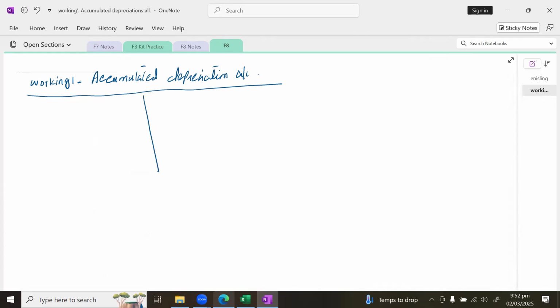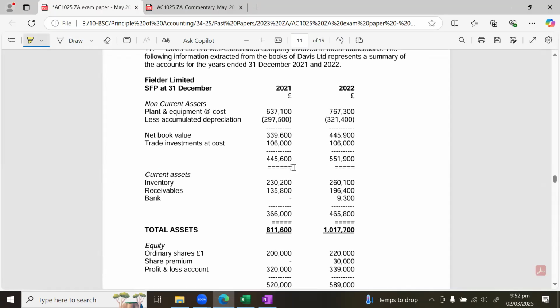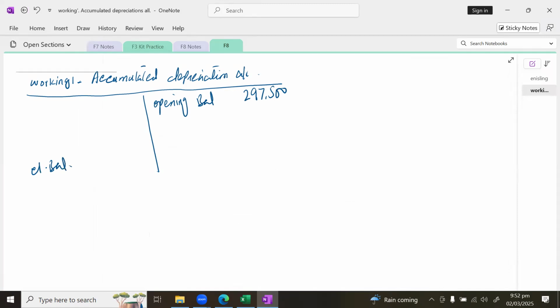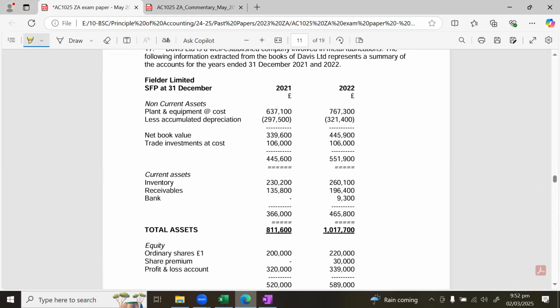Opening balance 2021 will become opening balance 297,500, and closing balance will be 321,400.